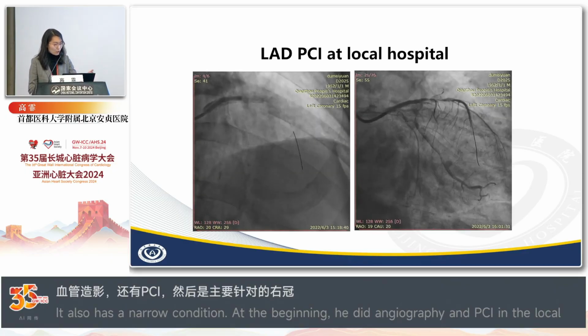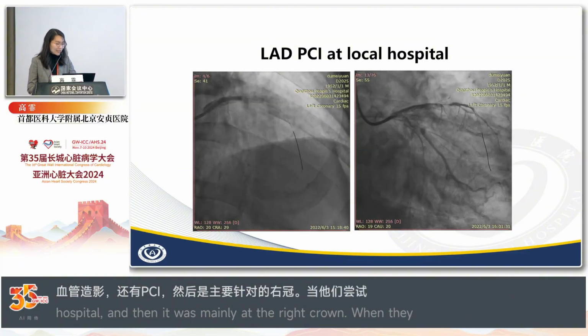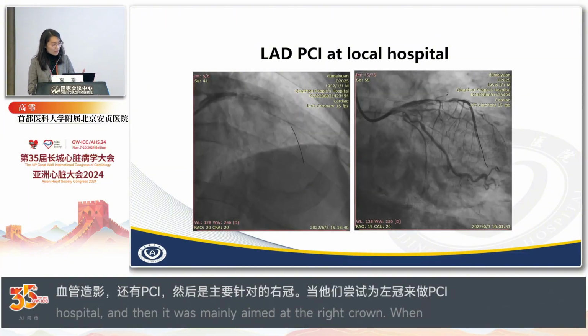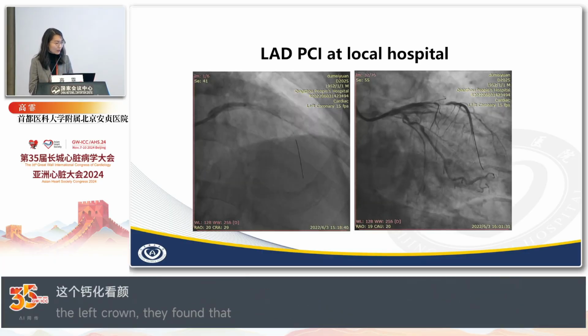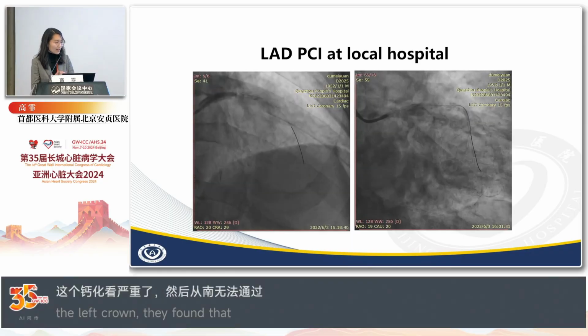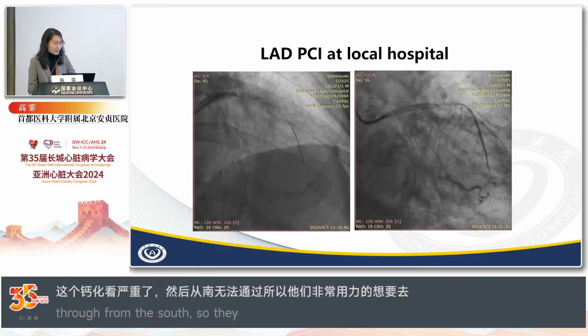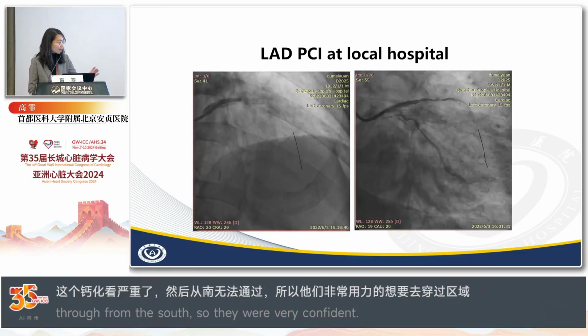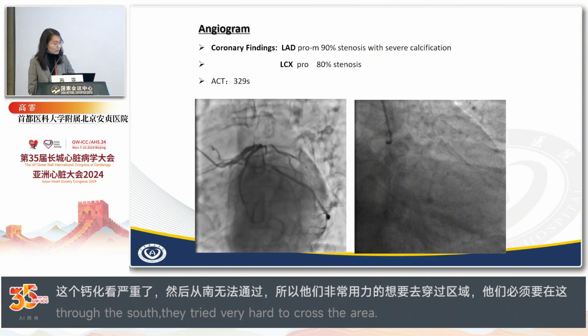Then when they tried to perform PCI for the left coronary artery, they found calcification where the balloon could not pass, so they strongly pushed the guiding catheter, causing dissection of the ostium of the left main. So they had to put a stent at the ostium of the left main. And then the patient was transferred to our hospital.